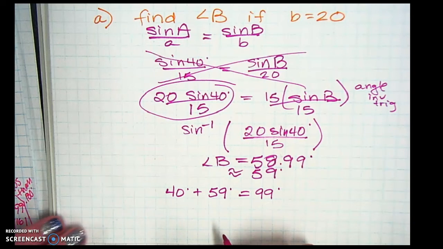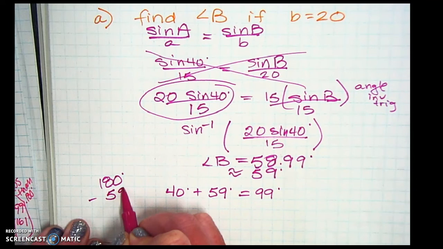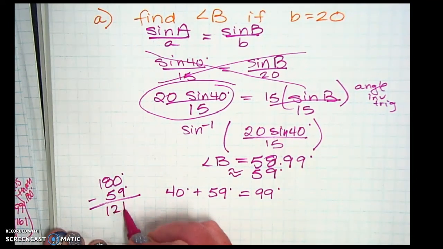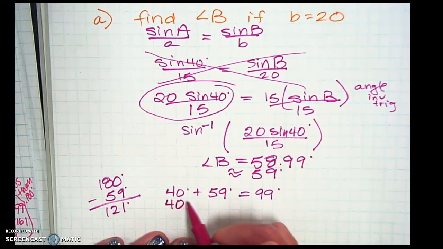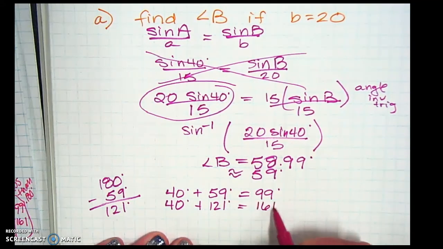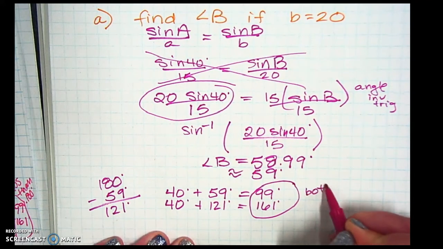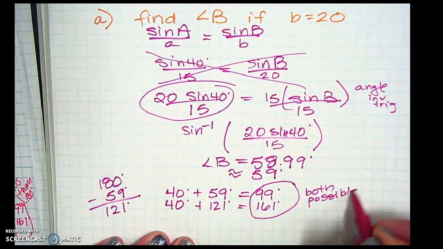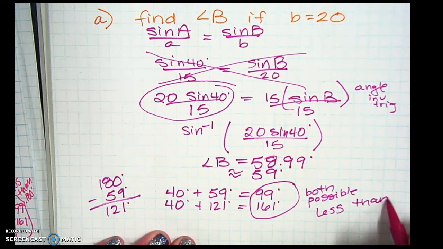It's a possibility that 180 degrees minus the 59, which just so happens to be 121 degrees, is the answer instead. Why? Because if you take 40 plus 121, you get 161 degrees. These are both possible answers because they are less than 180.